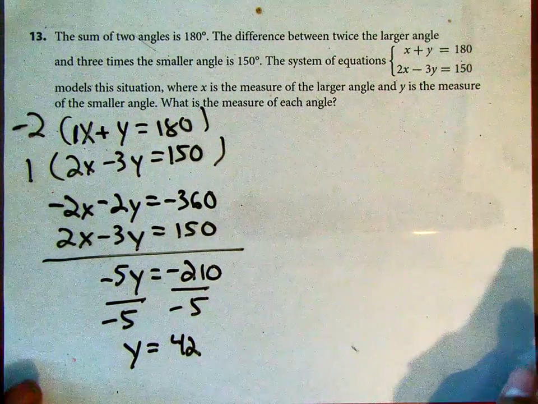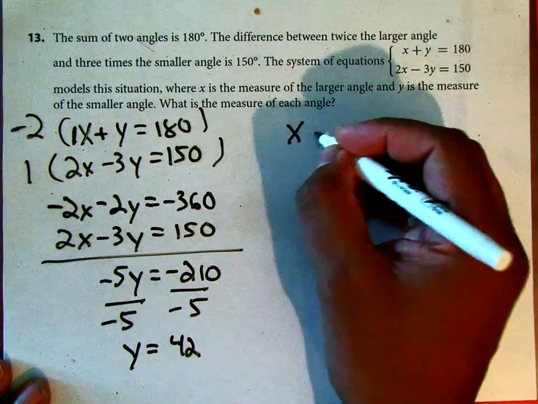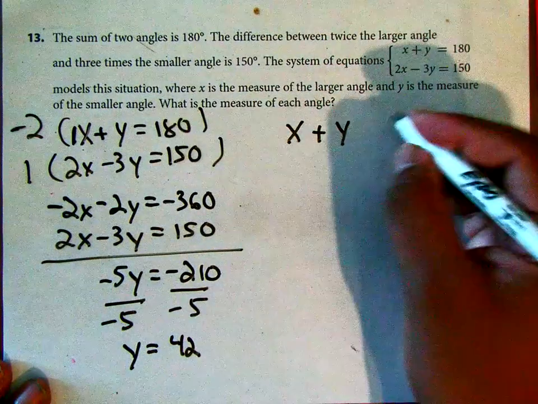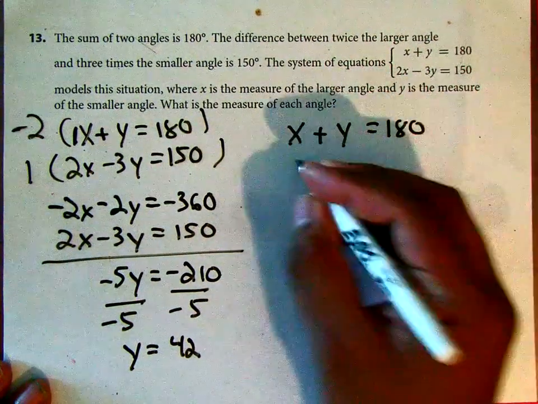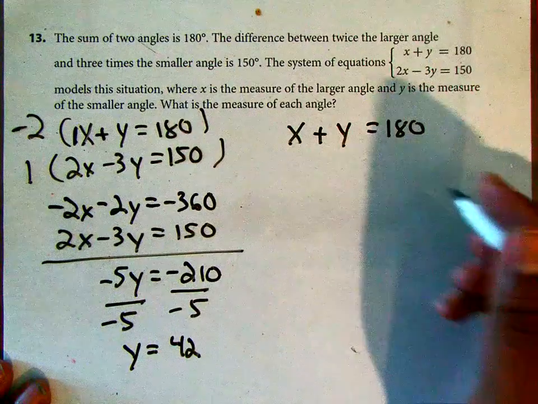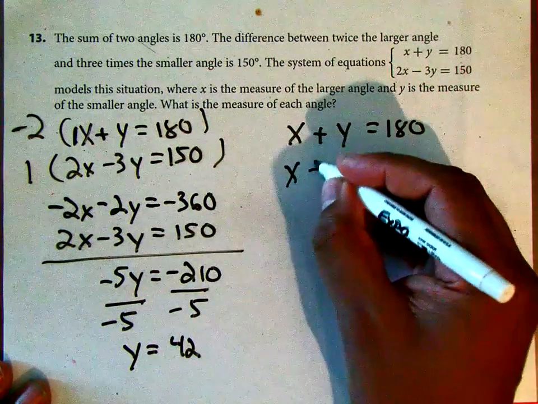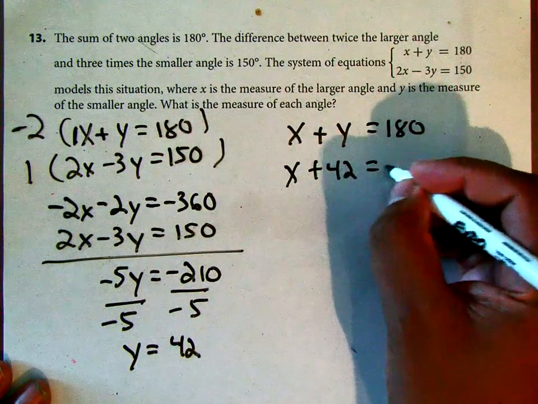But how much is the larger angle? So if I take my equation, it makes sense to take the easiest one to work with, x plus y equals 180, and plug in y: x plus 42 is equal to 180.